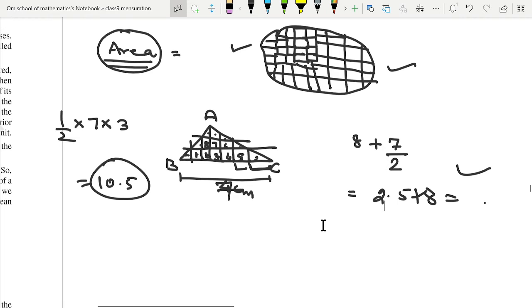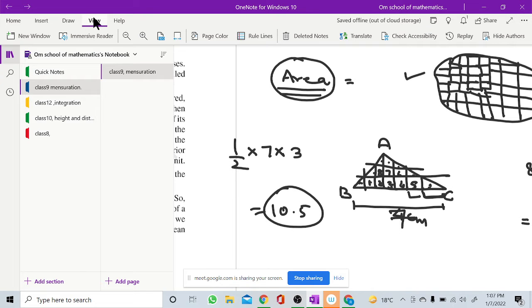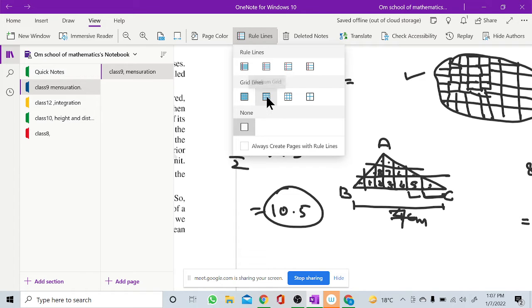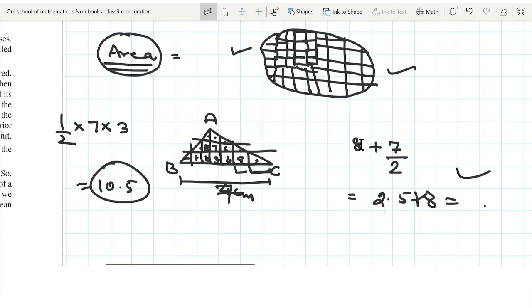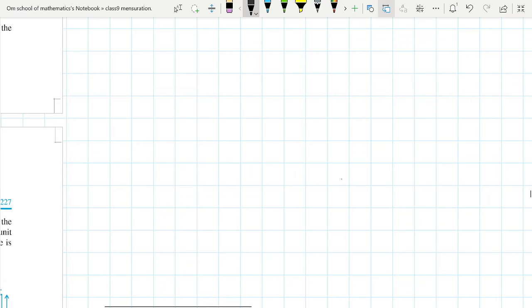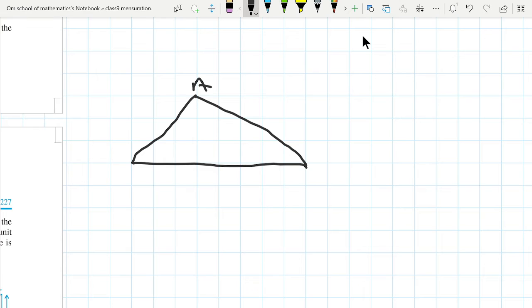See here, I am taking this figure. You can draw this triangle ABC, and now imagine what is the length of its base. 1, 2, 3, 4, 5, 6, 7, and 8.